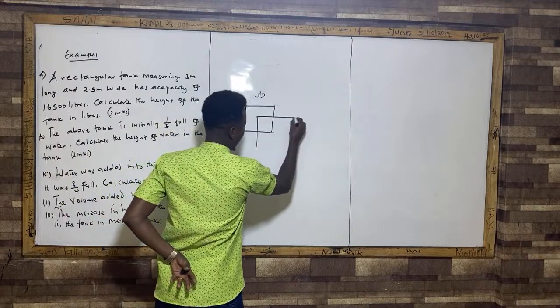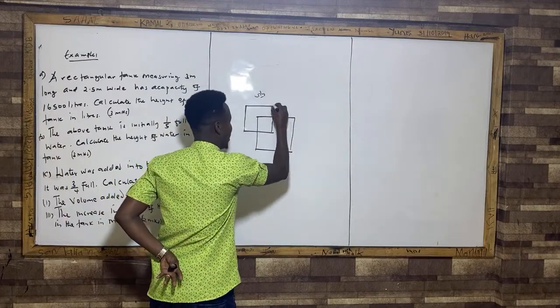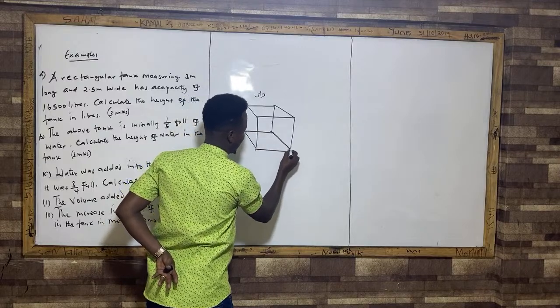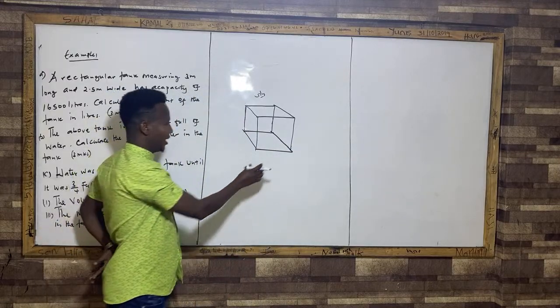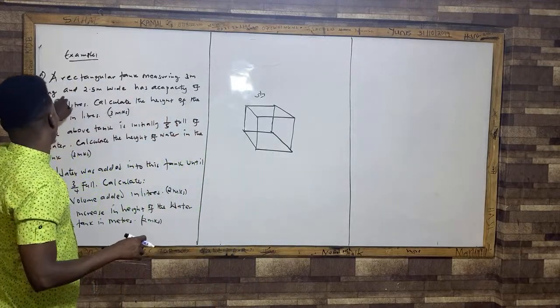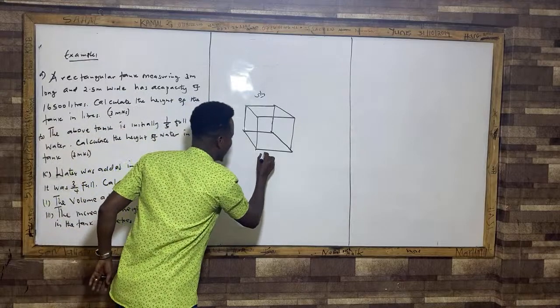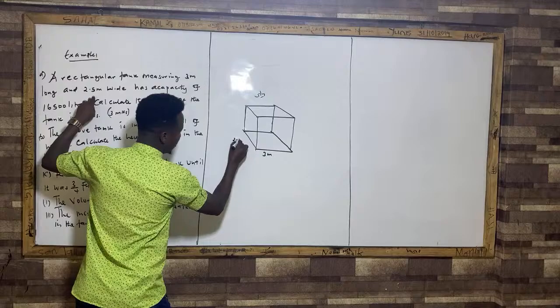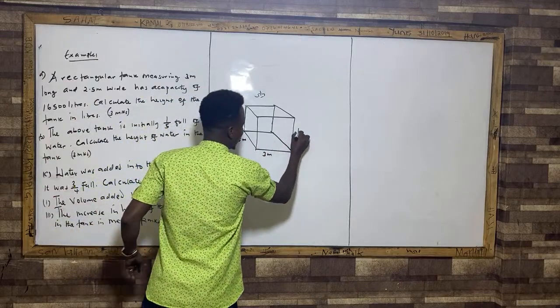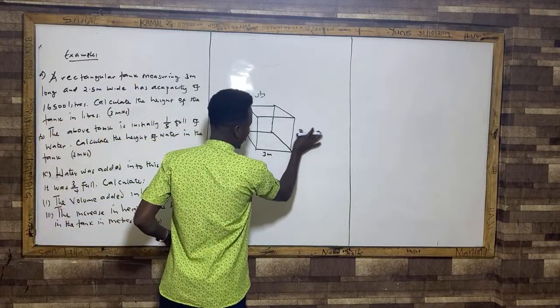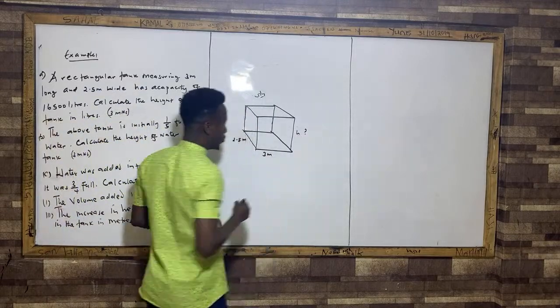This is the length, 3 meters, and it is 2.5 meters wide. So what's under question mark? H is under question mark.